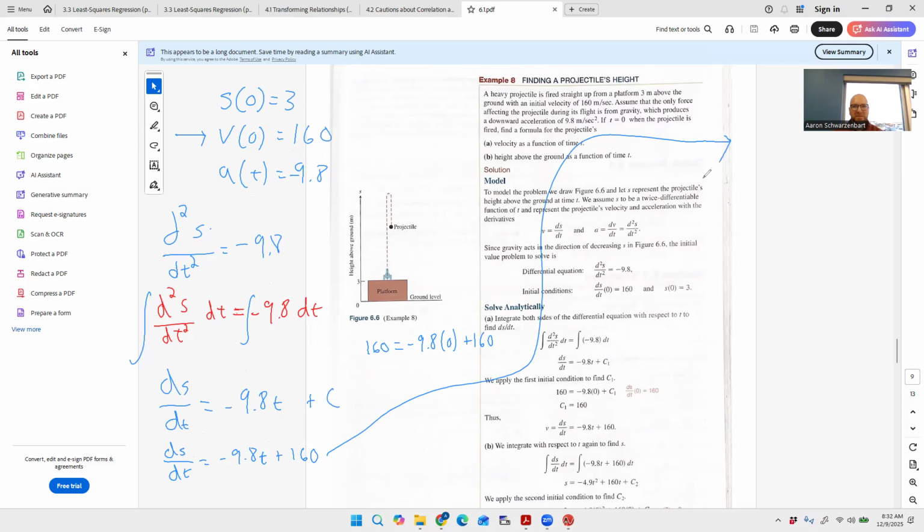Okay. And we will separate the variables and integrate again. So that means I'm multiplying both sides by dt. Make sure to use parentheses there. And I get ds equals (negative 9.8 t plus 160) dt.